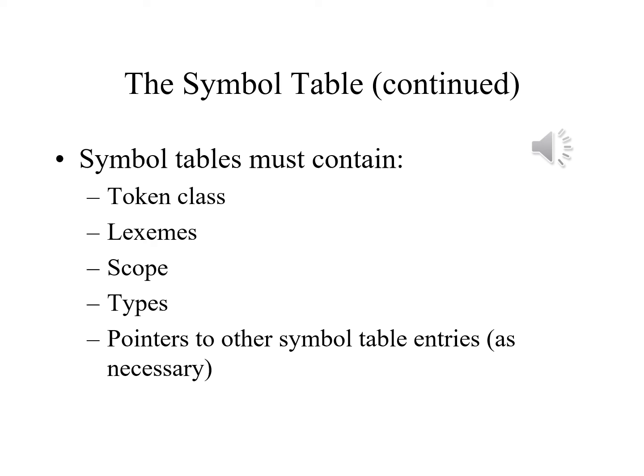Is it in the entire program? Is it through a particular method, or is it in some block of code within the method? The data type, and pointers to other symbol table entries, such as a data type defined by the user that this variable belongs to, or the length of an array. These things have to be stored there as well.